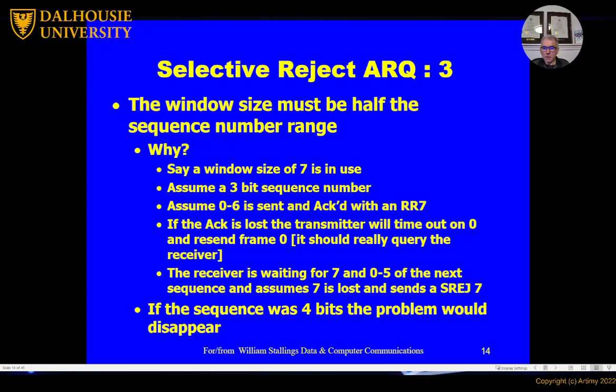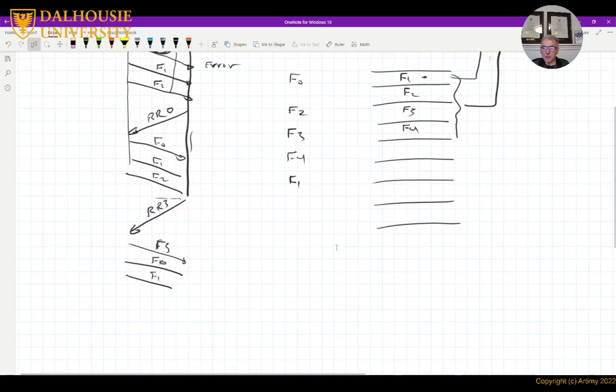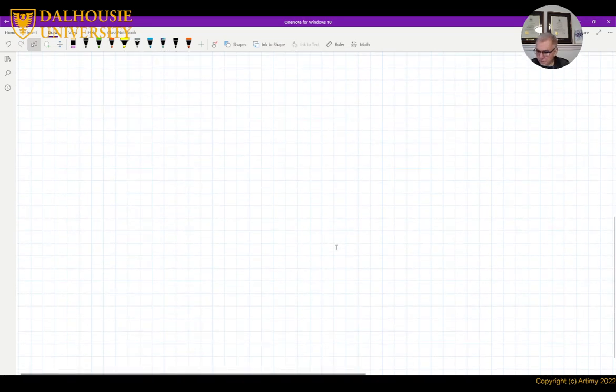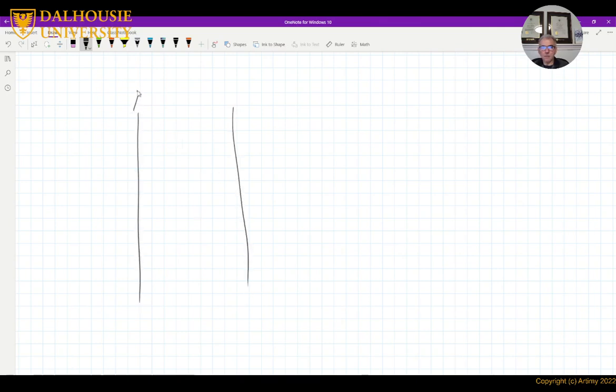To explain why we need half of the window, let's assume that we have A and B again. And let's assume that the sequence number is 2 bits. So the original window size, like before, is 2 to the power 2 minus 1, which means that we have 3.